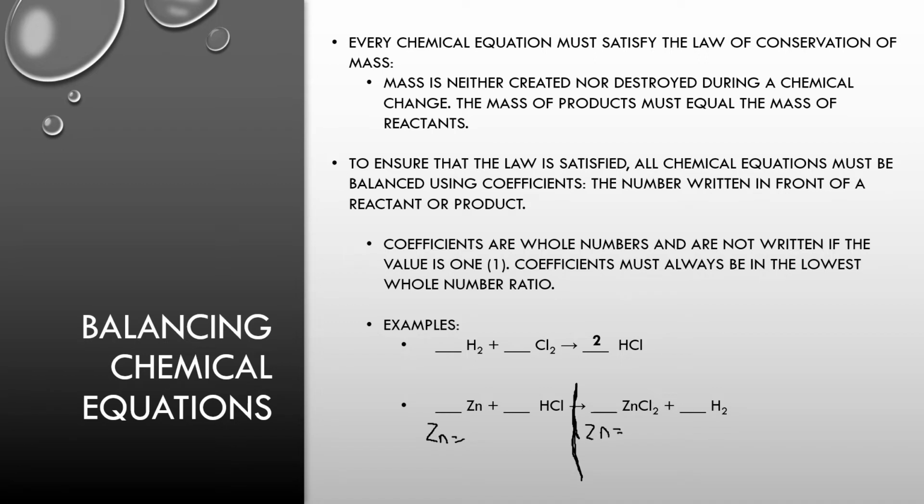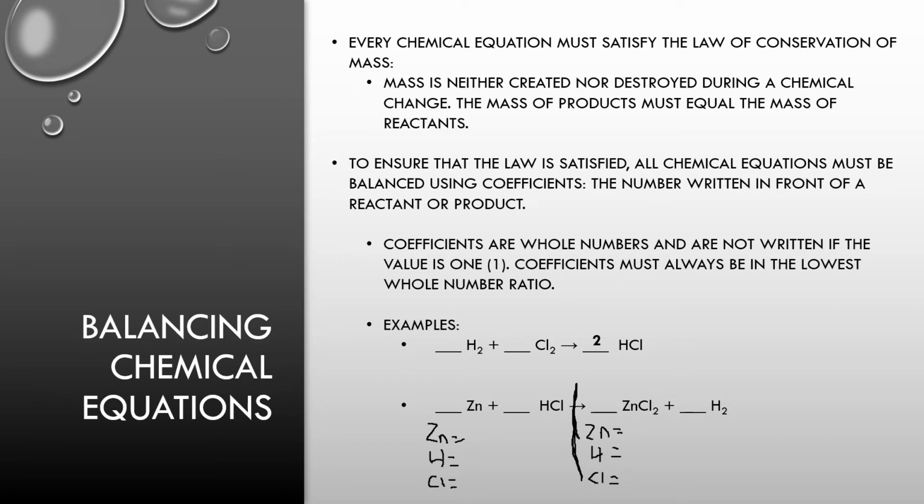You have H on both sides. And you have Cl on both sides. So you can make a chart or a table. This might help some of you guys when you're balancing, especially when you get to much more challenging problems.